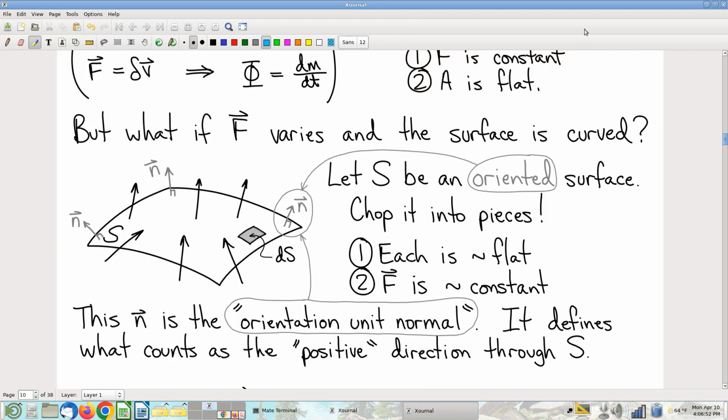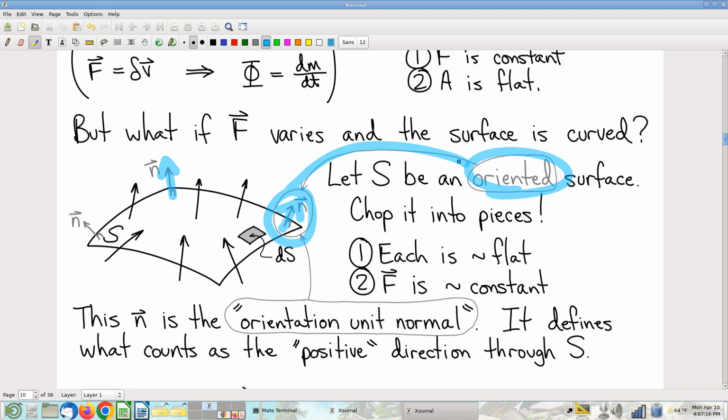It's not along, of course, because this is not a curve. It's through. So I've got to set which direction is what I mean by the positive direction through the surface. We call that the orientation of the surface.